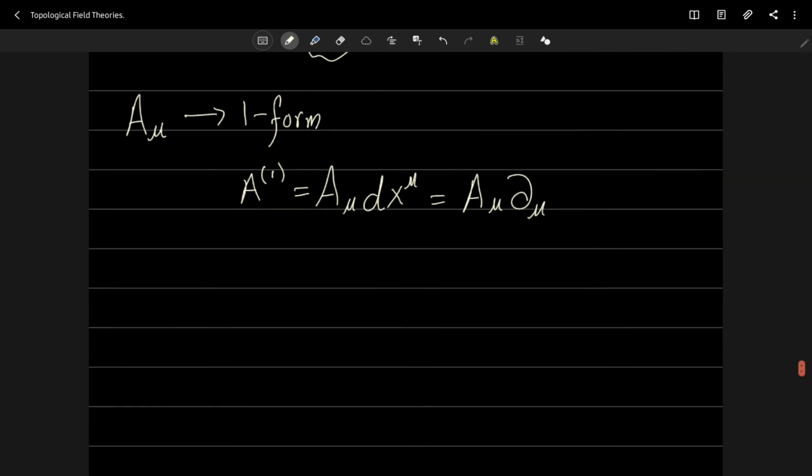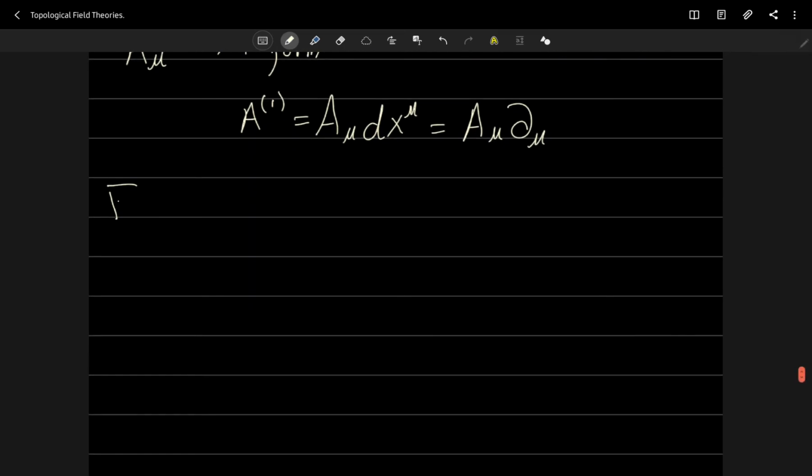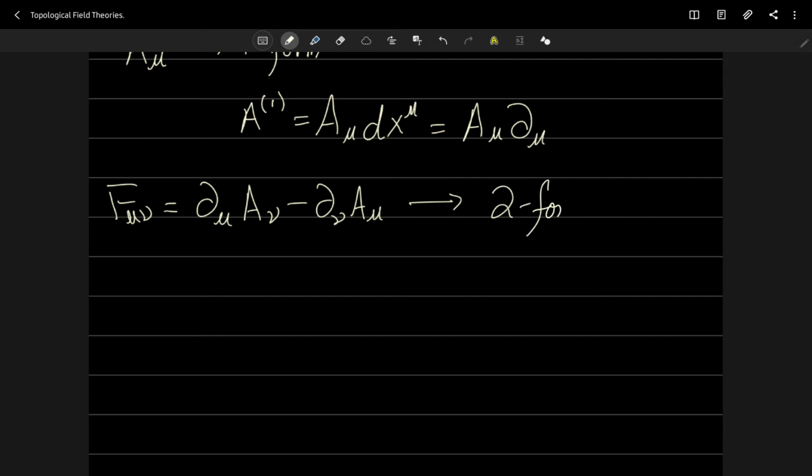While on the other hand, this thing f mu nu is equal to partial mu A nu minus partial nu A mu, right? And these are the components of a two form.